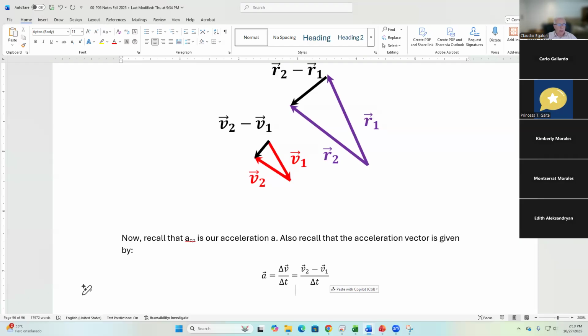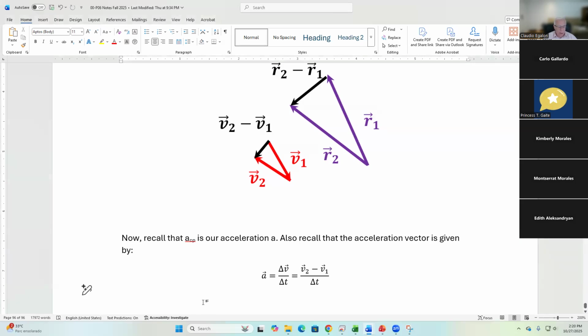But because those triangles are similar, we can also state the following.